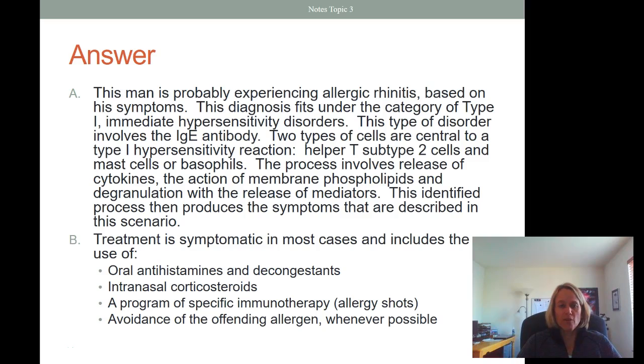Okay, so this is probably going to involve mast cells that are localized in the nasal cavity to produce some of these symptoms. Treatment is symptomatic usually, and it would include things like antihistamines, corticosteroids that can be inhaled in the nose, allergy shots, and avoidance of the allergen.